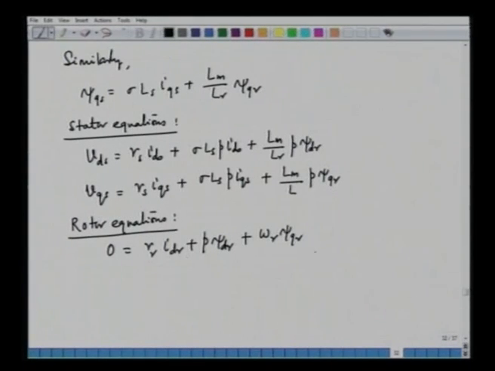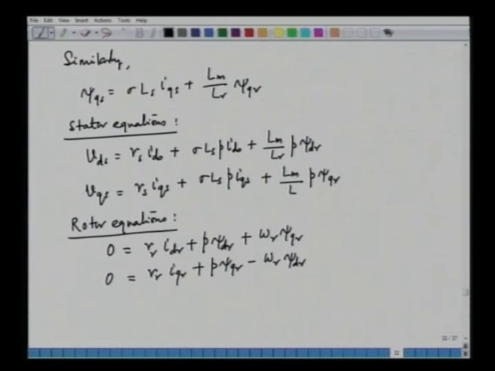This is in the d axis. Similarly we can have in the q axis as well. 0 is equal to RR IQR plus P psi qr minus omega r psi dr. So these are the two equations in the rotor.